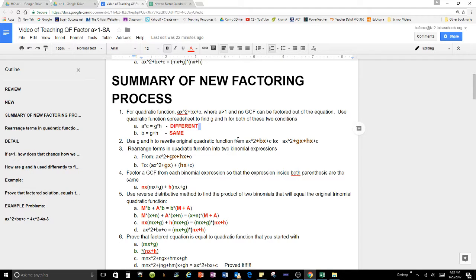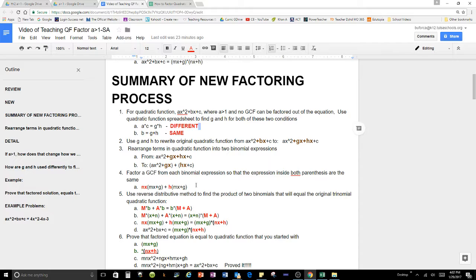Once we found g and h, we put an x on g and an x on h, and we replace the bx with gx plus hx. So we do that, and then we group the hx with c, and we group the gx with ax squared. And we do that just by putting parentheses around ax squared plus gx, and then we put parentheses around hx plus c.